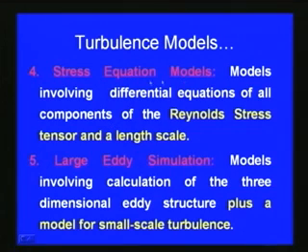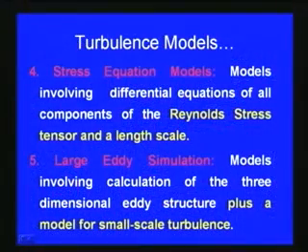Here the models involve differential equations for all components of the Reynolds stress tensor and a length scale. So, this is called the stress equation model, where we use differential equations for all components of the Reynolds stress tensor and the length scale.